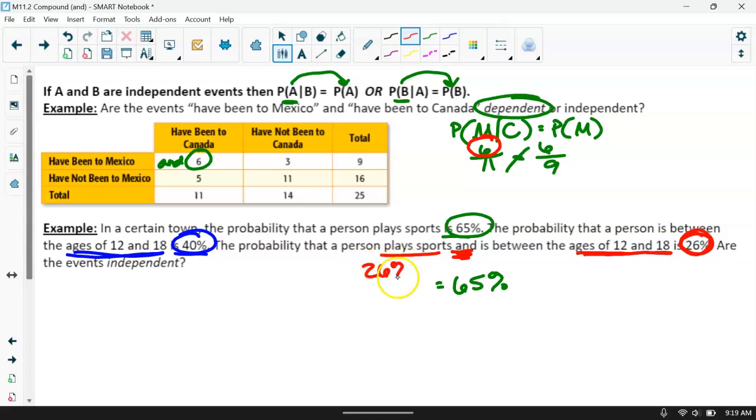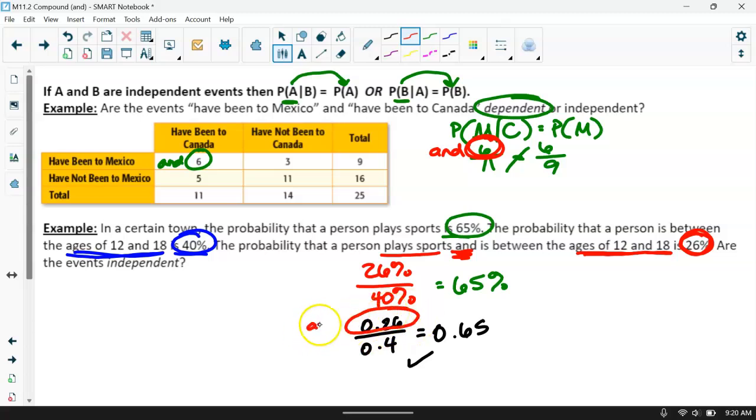So here, the 26%, we are going to then, out of the total number of people who are the ages, so 40%, and we're going to go, all right, is that equal to the probability that someone plays sports? And so here, if I were to also convert, right, so 0.26 divided by 0.4, is that equal to 0.65? Yes. So notice how, again, that and, that combination of the two events is in that numerator.